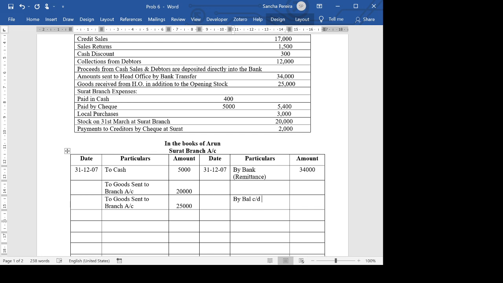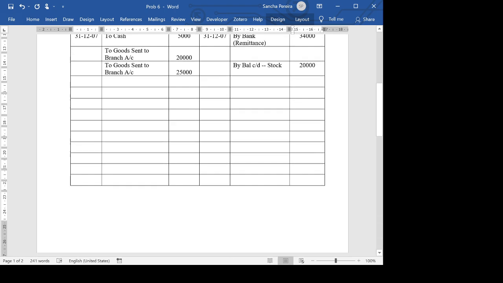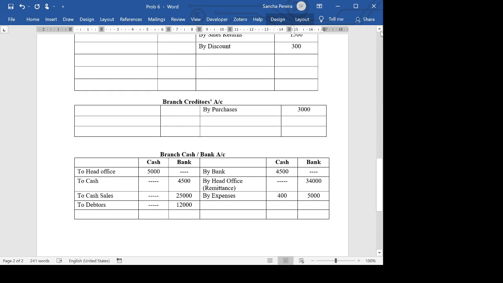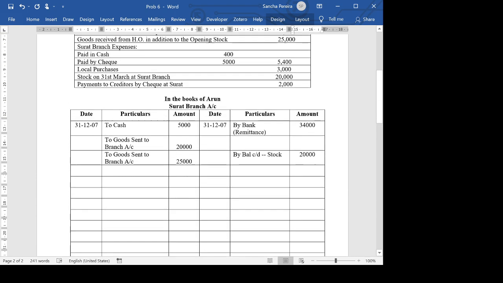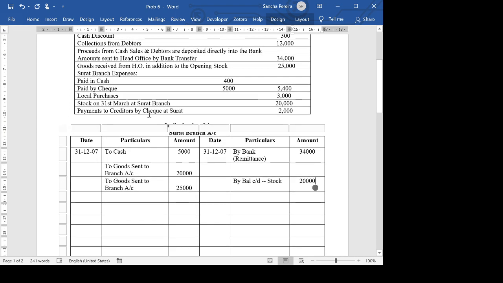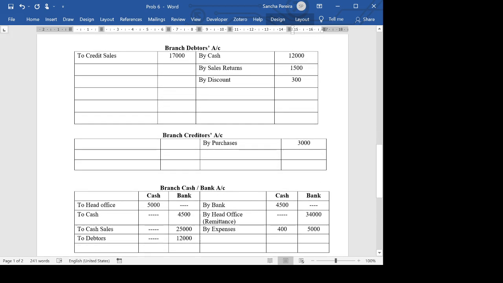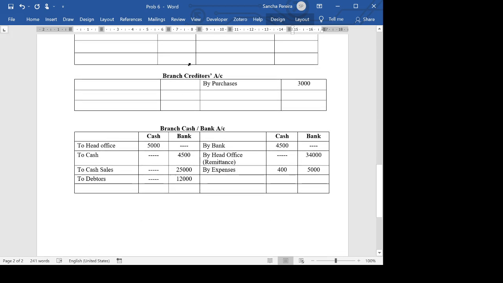The first thing that we have is stock, 20,000. The others we will have to find out. And payments to creditors by check at Surat. If you're going to pay your creditors, what would be the entry?